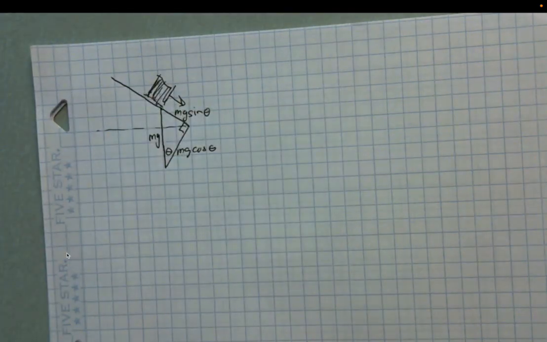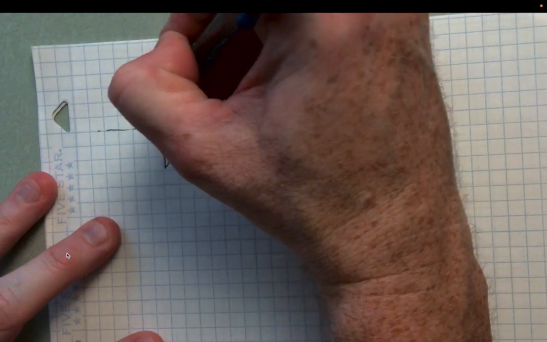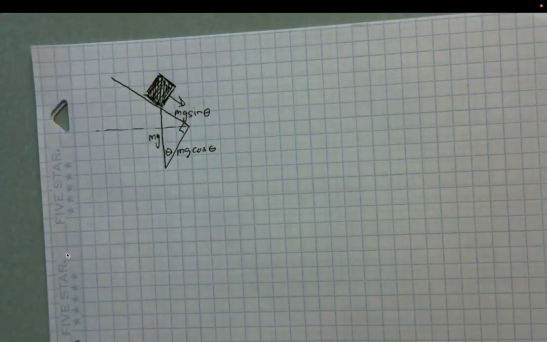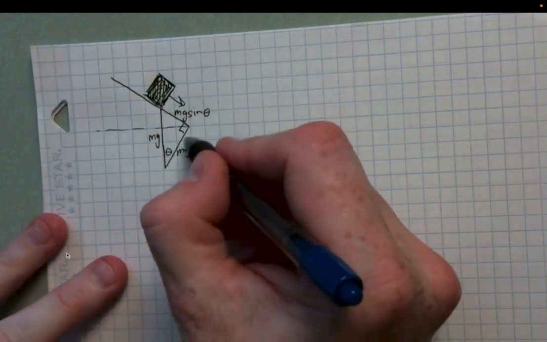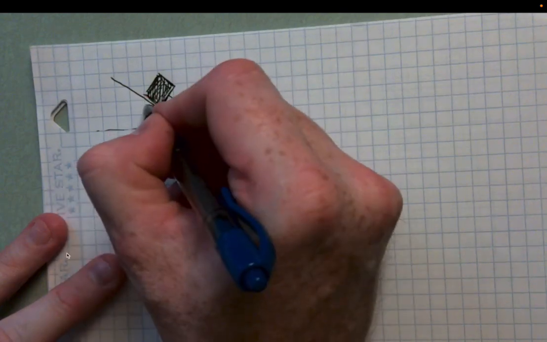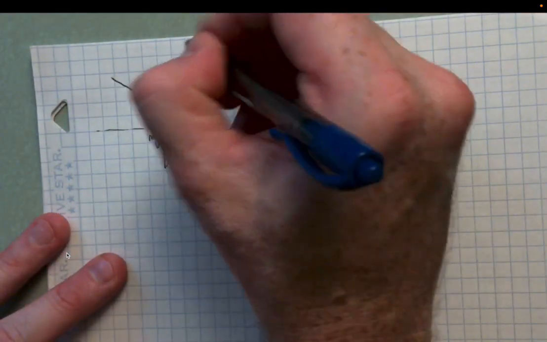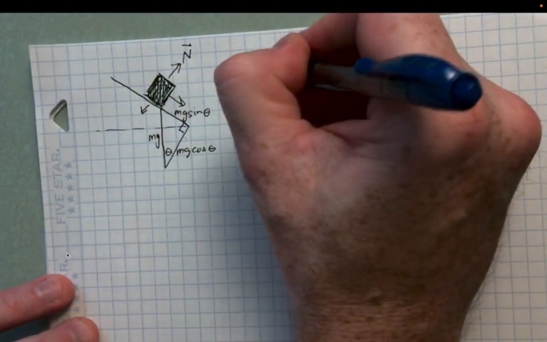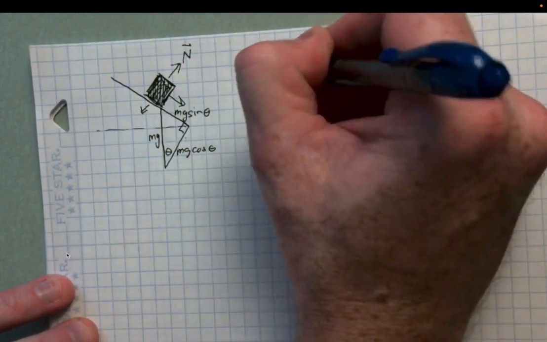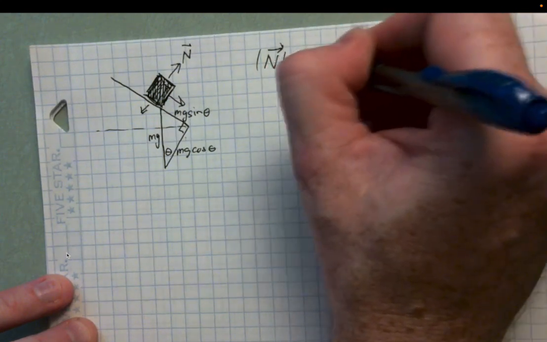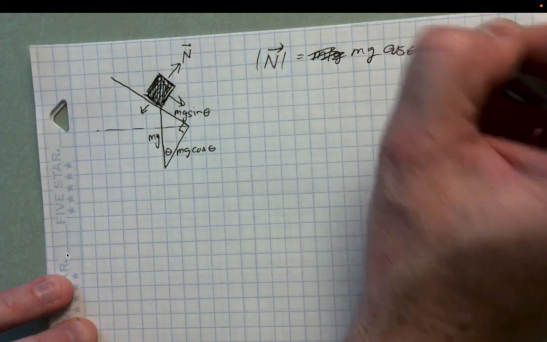Sometimes the geometry here can be a little tricky, so take your time and understand all these pieces. So mg cos theta is the part of gravity that's pulling the block against the surface, and that piece is going to be offset by the normal force. So the magnitude of the normal force is going to be mg cos theta.